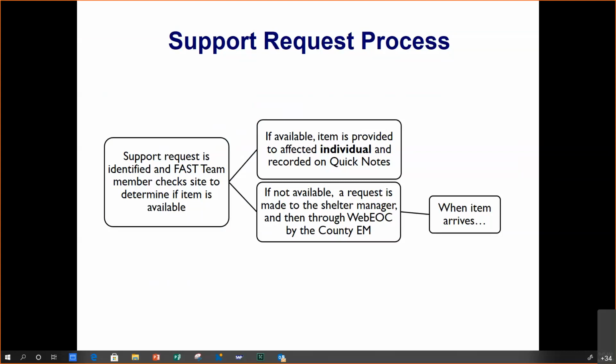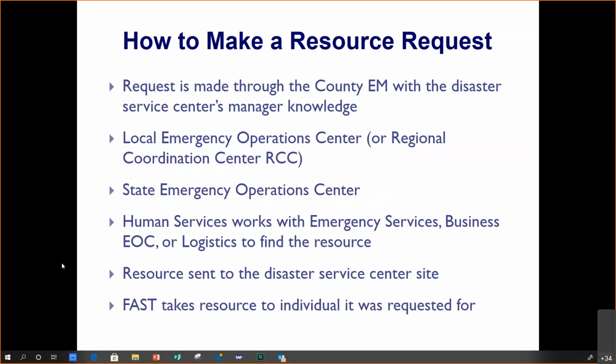A lot of times the shelters will have basic things like wheelchairs, crutches, canes. So you'll check to see if it's on site first. If it's not, that's when the request will have to be made on that 213 sheet we talked about earlier. That request will be put into the WebEOC, and then when it arrives, you'll be notified through the team lead.